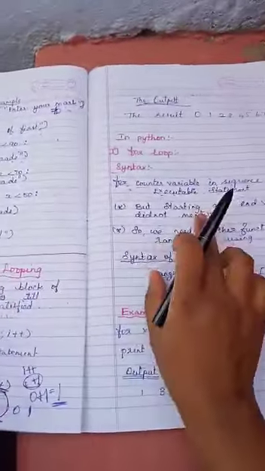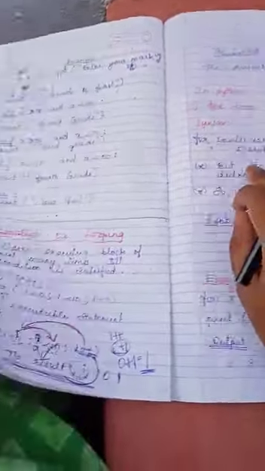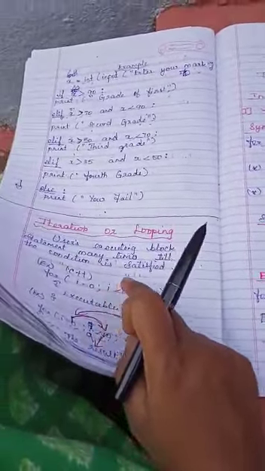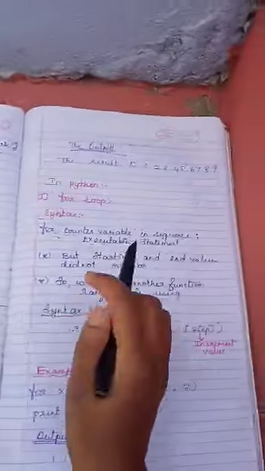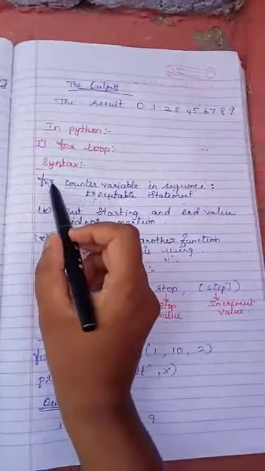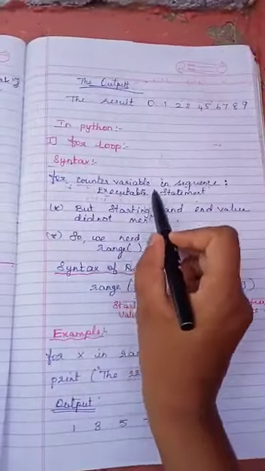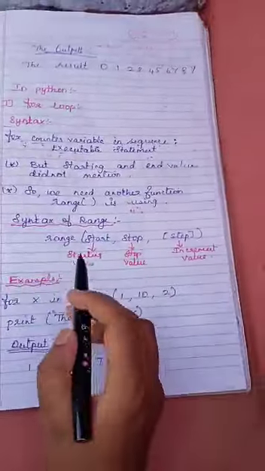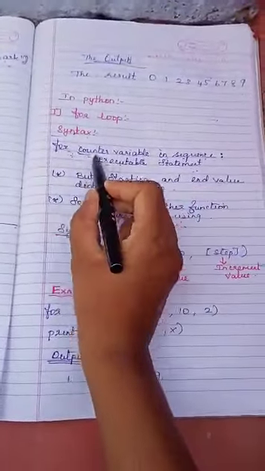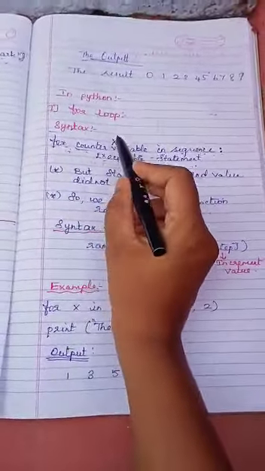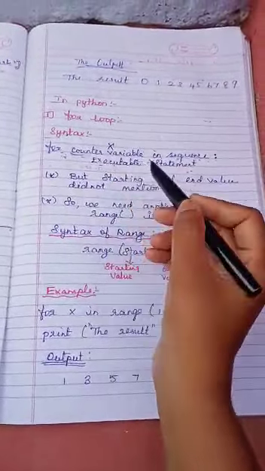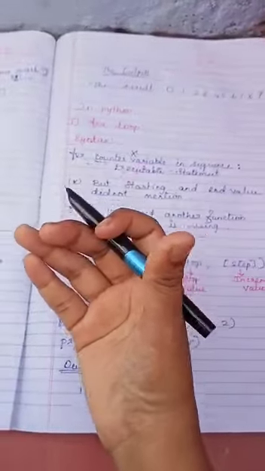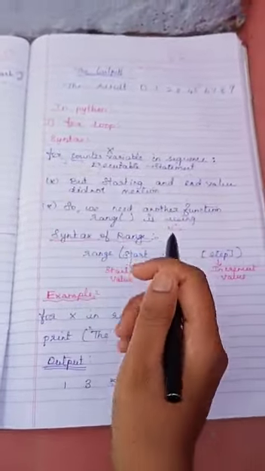So this is the syntax of the for loop in Python, and that was the syntax of the for loop in C++. The process is the same; only the initialization method is different. Here we have the counter variable, that is x, or I, but we don't know the condition, where the value is initialized, and where it has to stop.